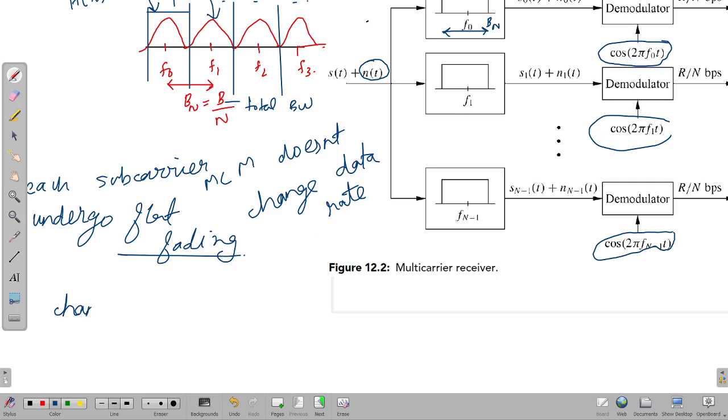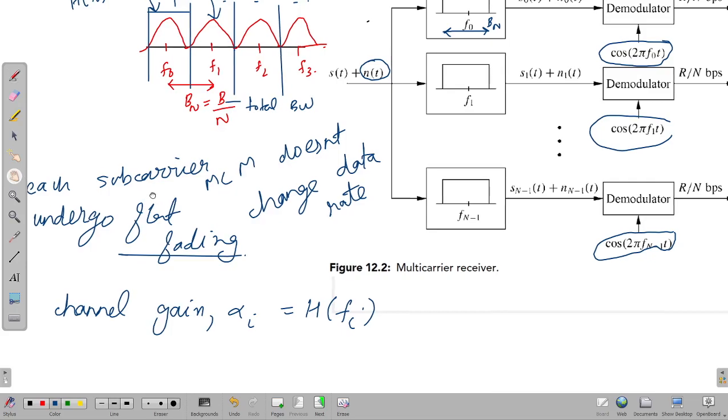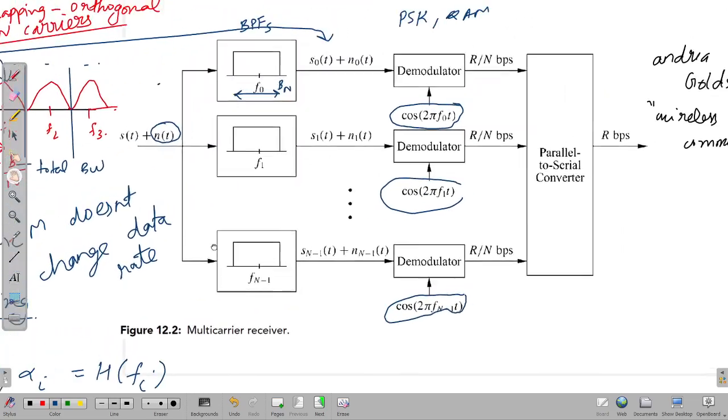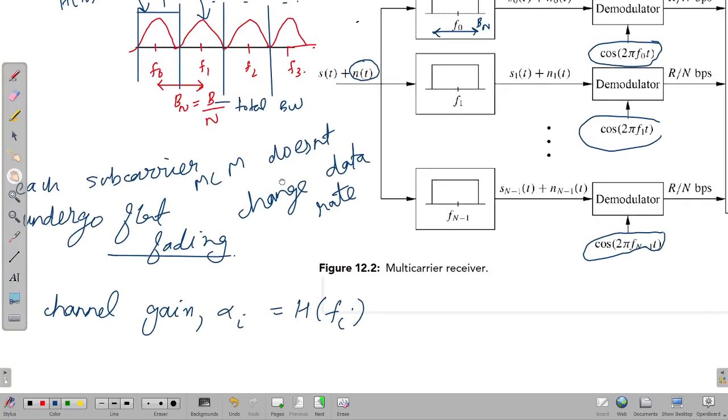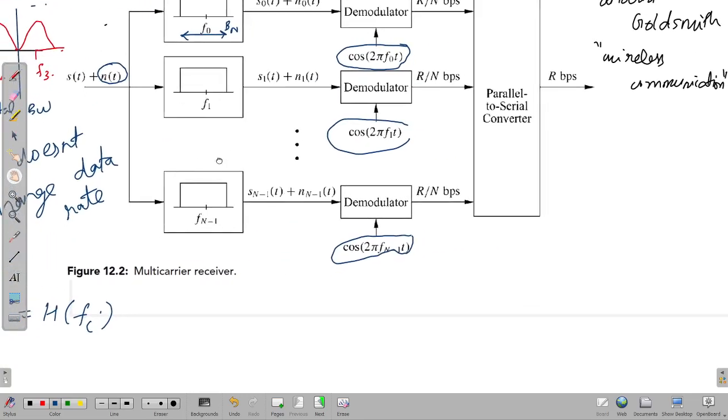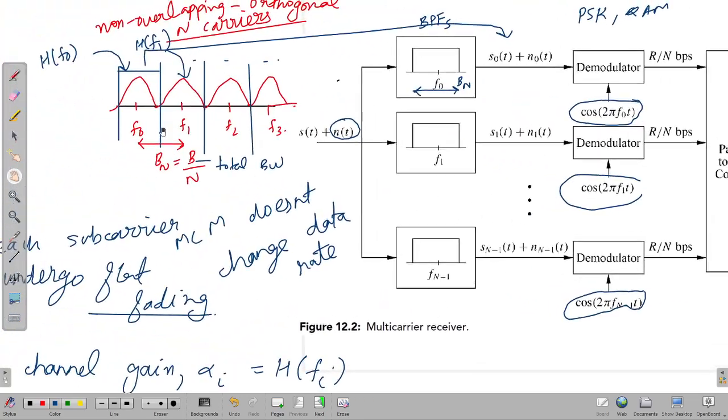If I denote the channel gain by alpha i, alpha i is equal to H of fi. Each subcarrier undergoes flat fading because the bandwidth of a subcarrier is very small compared to the total bandwidth of the signal.